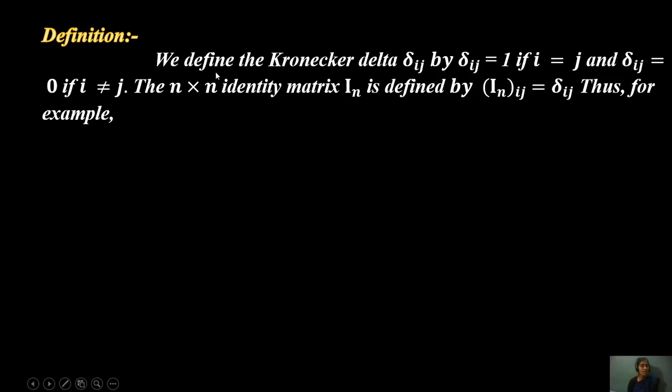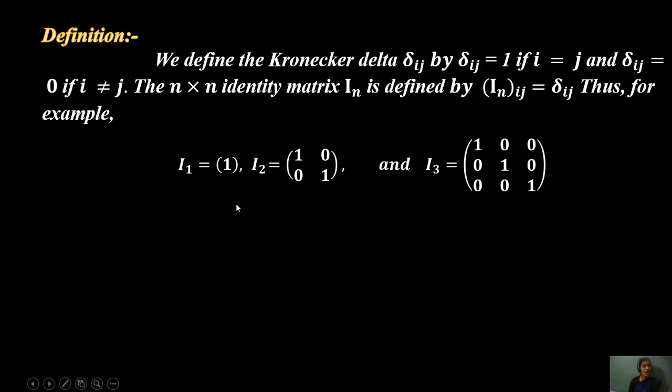Then the n by n identity matrix is defined by I n ij equals delta ij. Thus, for example, I1 equals 1 and I2 equals the matrix with rows 1 0 and 0 1.